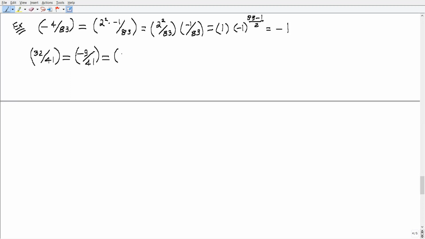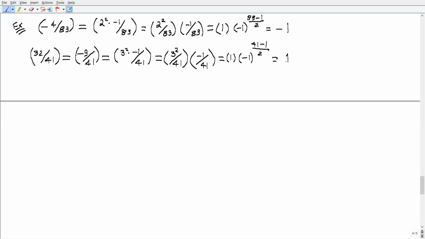So this -9 can be written as 3 square times -1 over 41, which is the Legendre symbol of 3 square over 41 times the Legendre symbol of -1 over 41. The Legendre symbol of 3 square is 1, and the Legendre symbol of -1 is -1 to the power 41 minus 1 by 2. 41 minus 1 is 40, 40 divided by 2 is 20, and -1 to the power 20 is plus 1.